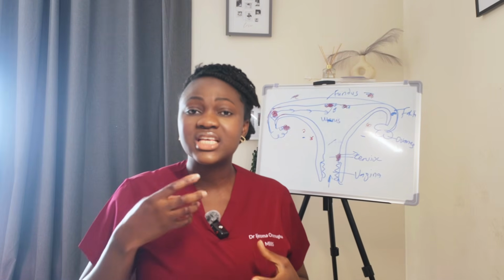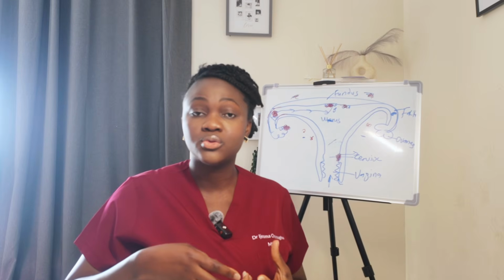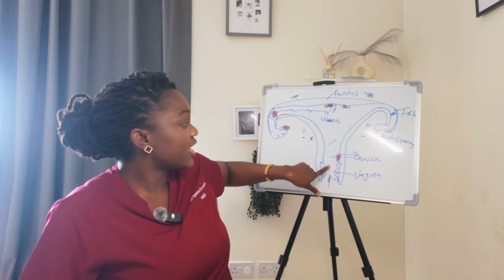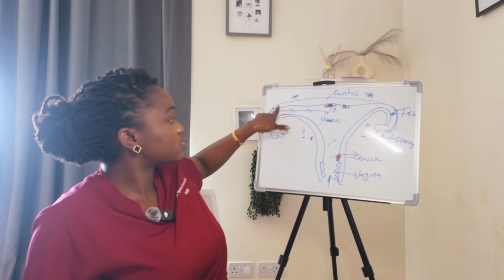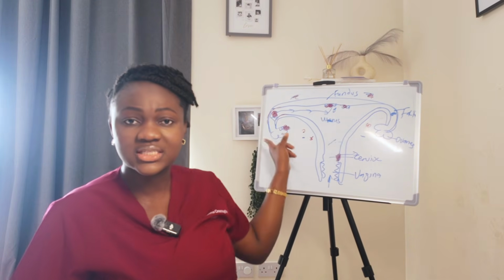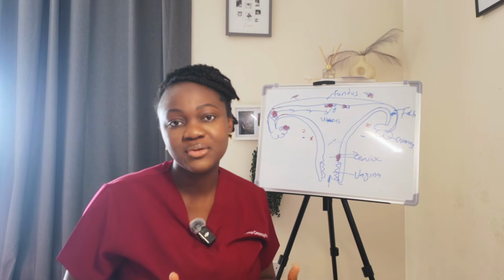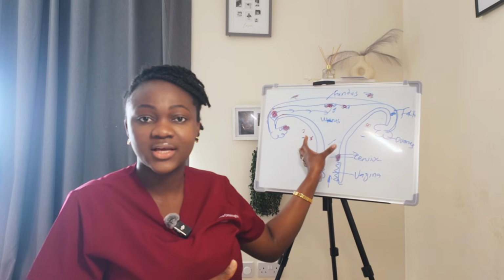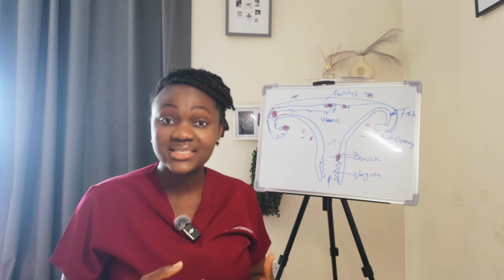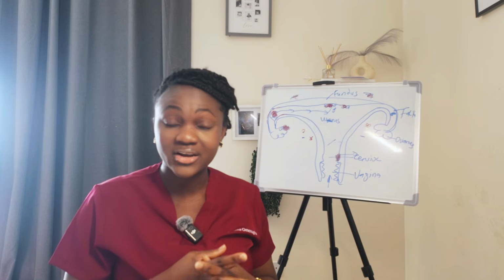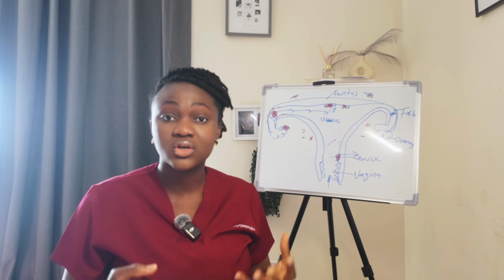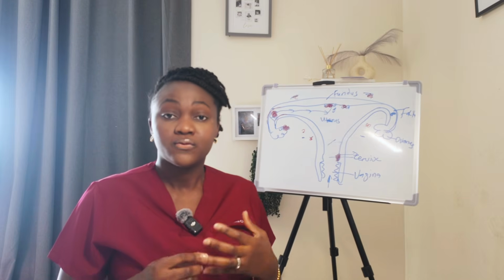So if there is inflammation or injury to the pelvic tract, which we mean here from the vagina to the cervix to the uterus, fallopian tube, and anything along this line, it can distort the movement of the fallopian tube or the processes that can happen here. And that's why when there is an STI, we try to treat it very aggressively so that it doesn't heal by scarring, or cause any of these complications for the woman.